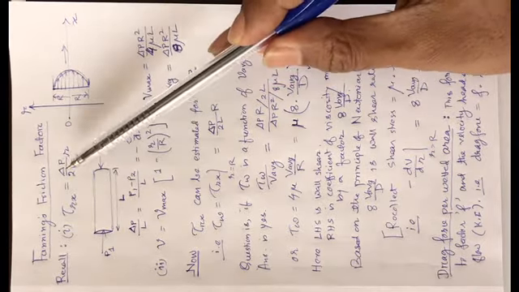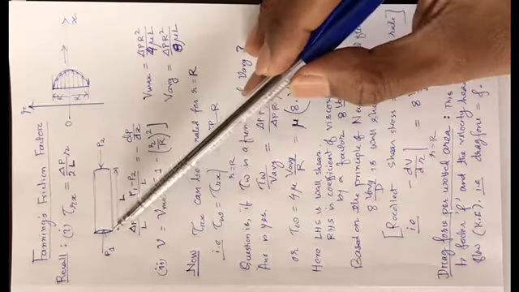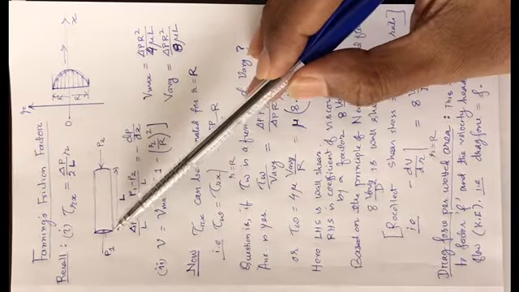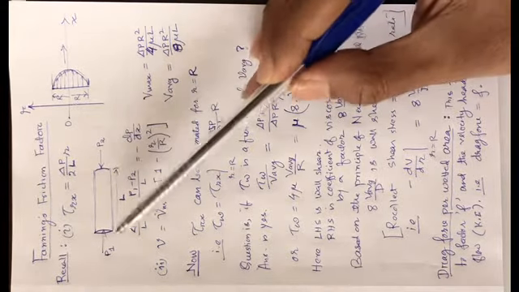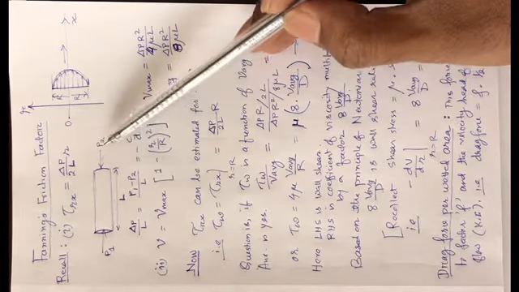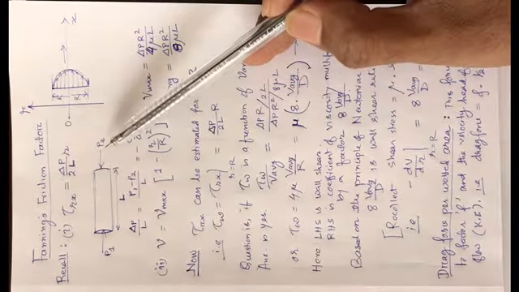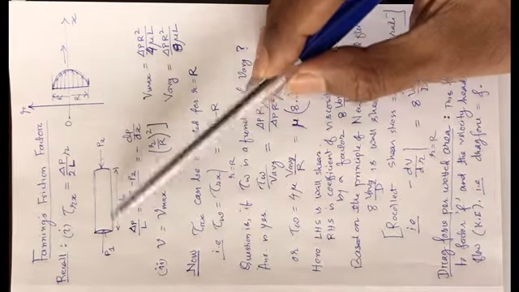Here delta P by 2L, or rather delta P by L, what it means is again explained. Let us say a fluid is flowing through a pipe. At one end you are applying pressure P1 and at the other end pressure P2. When P1 is greater than P2, fluid flows from left to right.